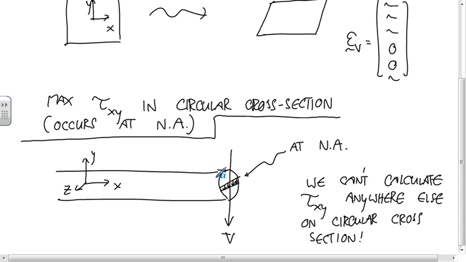It's at the center. So if I ever ask you to calculate a stress with a circular cross section, you don't have to worry about calculating it for the bending moment because it's at the neutral axis. There's no stress due to the bending moment there, right? Does that mean only shear at the same time? Well, no, it doesn't. It just means we can't calculate it. It gets more complicated other places. So this is all we can calculate.